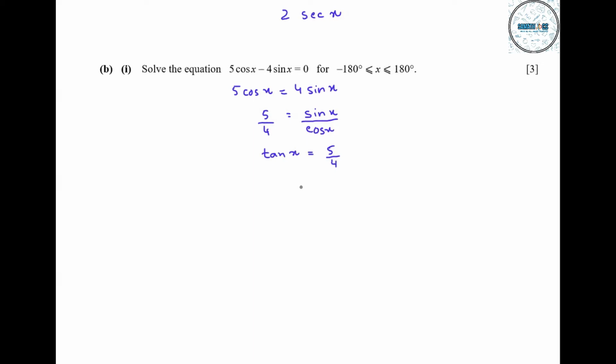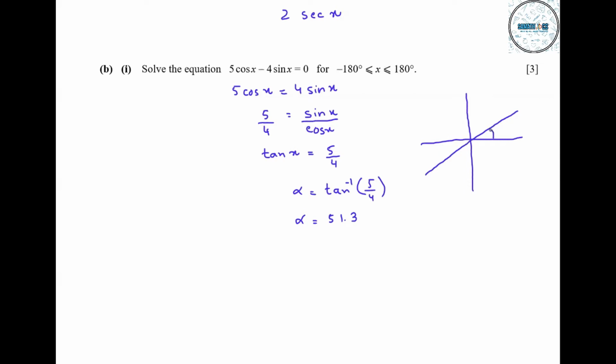Then we will take out basic angle alpha by taking tan inverse of 5 upon 4. So alpha is equal to 51.3. As tan x is positive, we have to consider first and third quadrant.